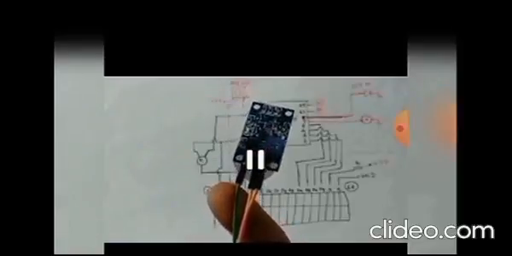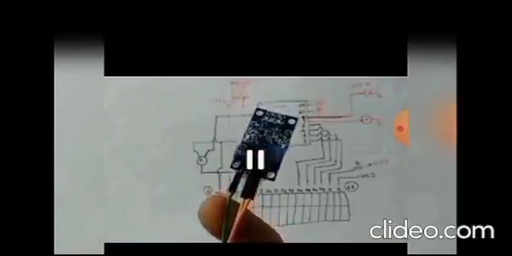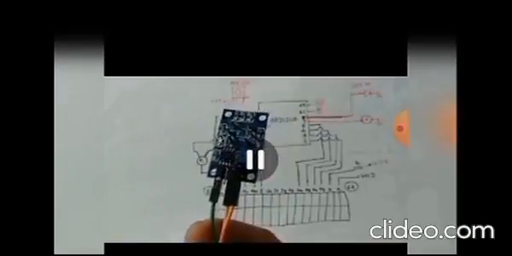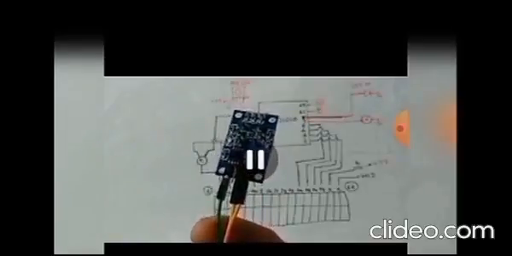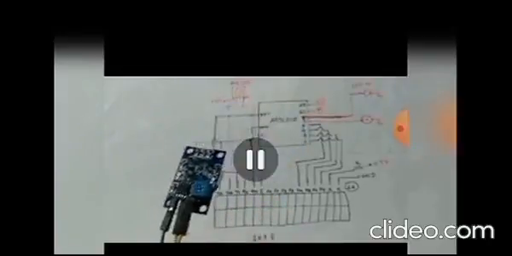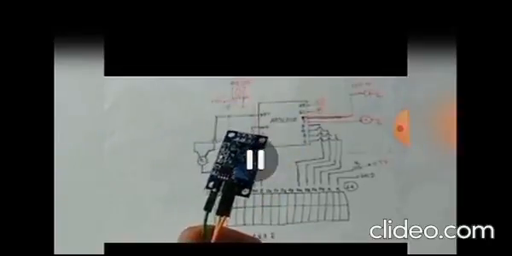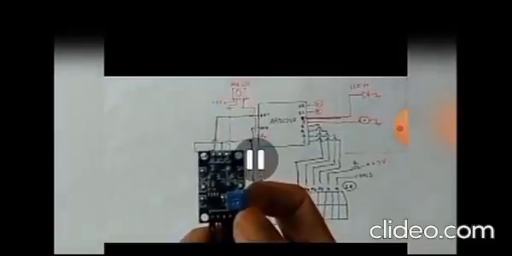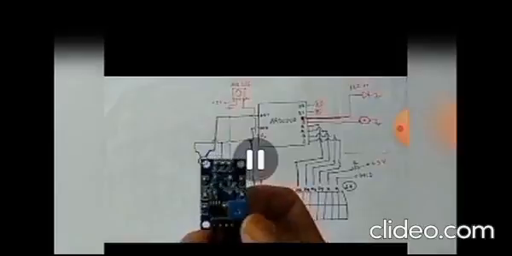For the analog output we will provide the A0 pin of Arduino. You can vary the sensitivity of the MQ135 by adjusting this.